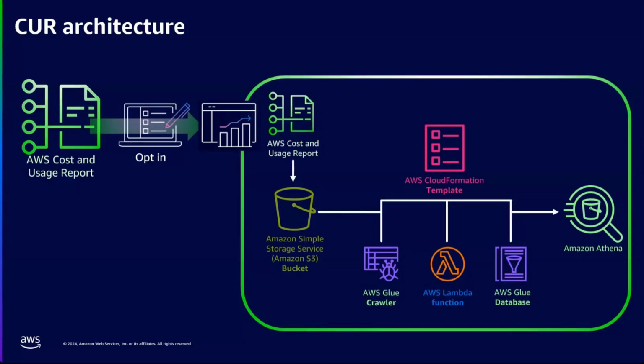These Lambda functions trigger the Glue crawler to run as and when the CUR data is updated in your S3 buckets, to look for partitions, by year and by month, and update them. You don't have to refresh the data; it is taken care of by the Lambda functions, which do the partitioning and pull the data for you.